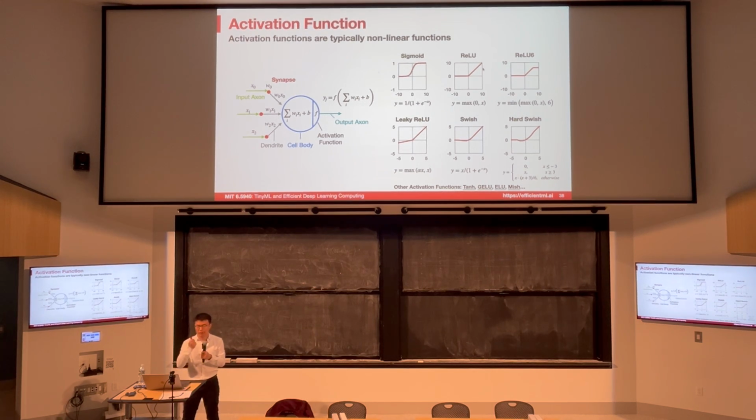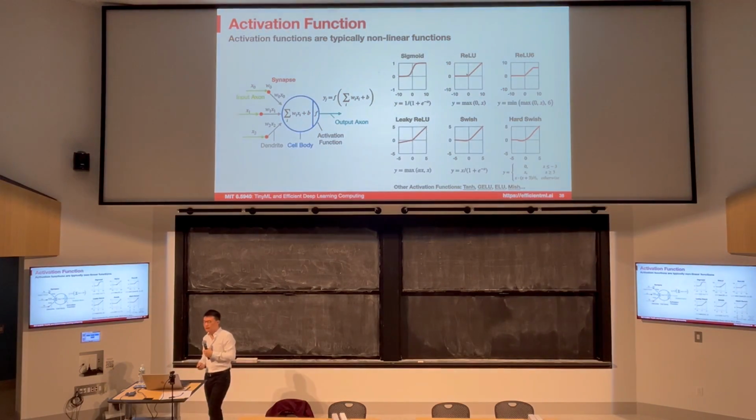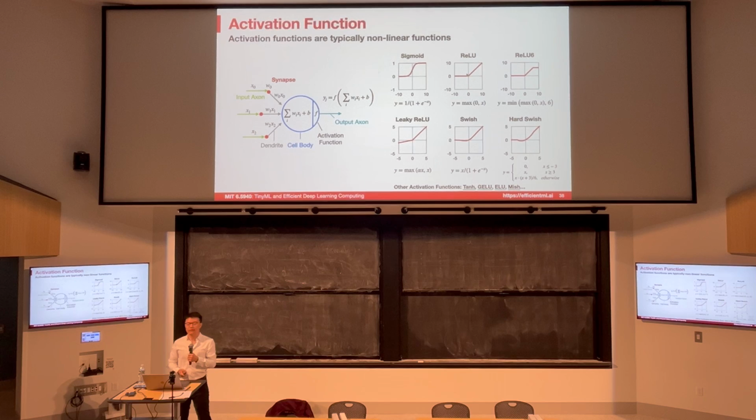Since we're going to talk about pruning and sparsity in a later part of this lecture, the ReLU activation function naturally brings sparsity, because a lot of the activations, once they are negative, become 0, and 0 multiplied by anything is 0. So you don't have to compute on it. You don't even have to store it. You can just store a mask showing that this is 0, using just 1 bit.